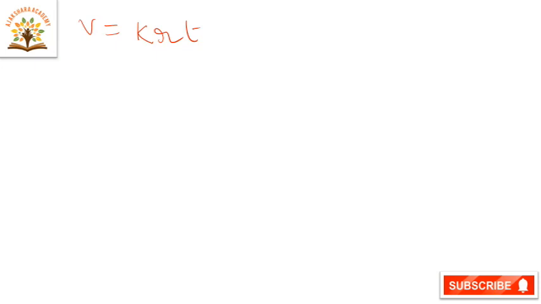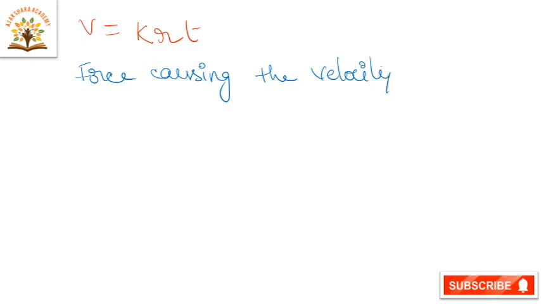Now the force causing the velocity to change is F is equals to m into dv by dt.